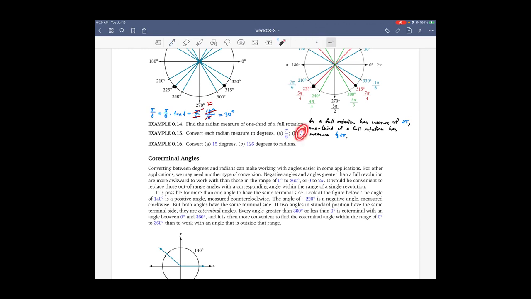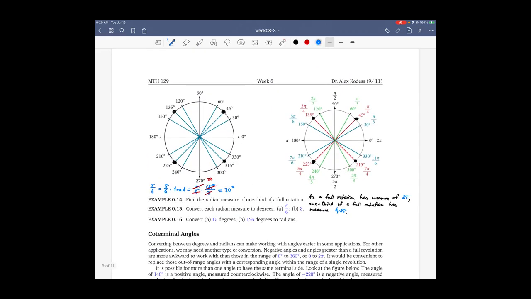The other angle, 3 radians, is dealt with the same way. So 3 radians is 3 times 1 radian. 1 radian is 180 over pi degrees. And so that is simply 540 over pi degrees. Well, that is some angle measured in degrees.